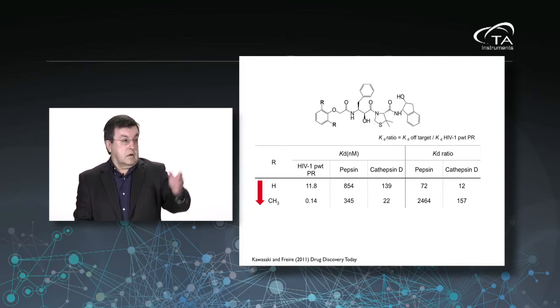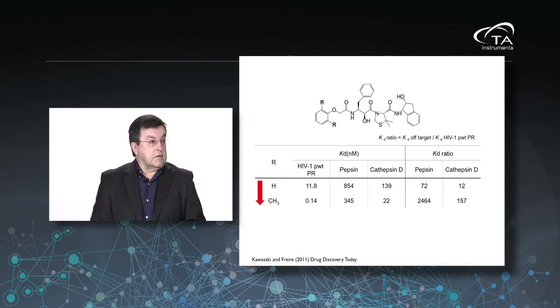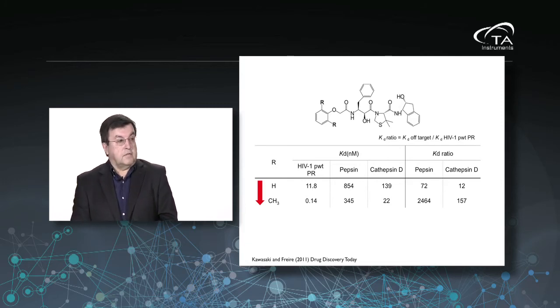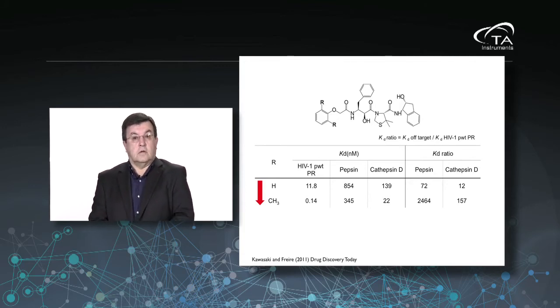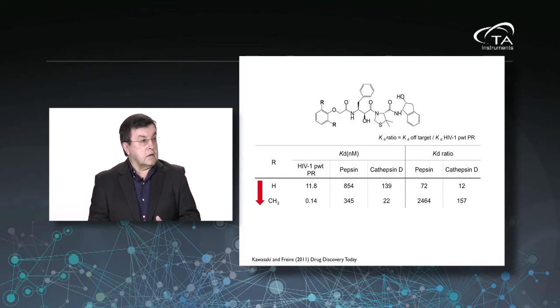And obviously for the protease, the target, from 11 to 0.14. So the hydrophobic groups in this case have increased the affinity towards the target more than to the off-target molecules. And in that sense, the selectivity has been gained.